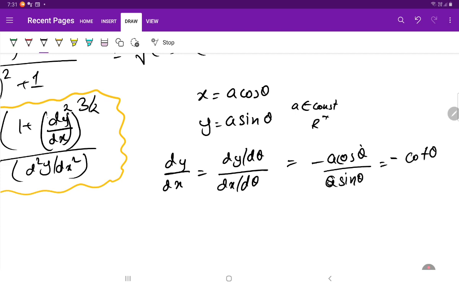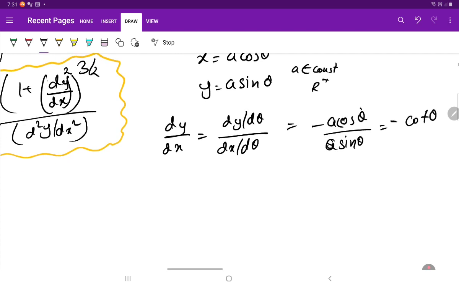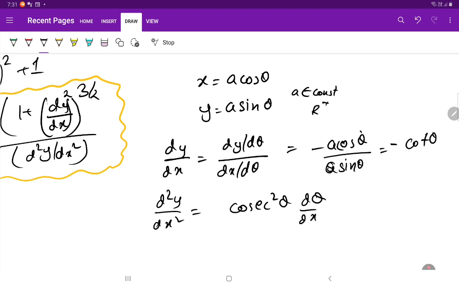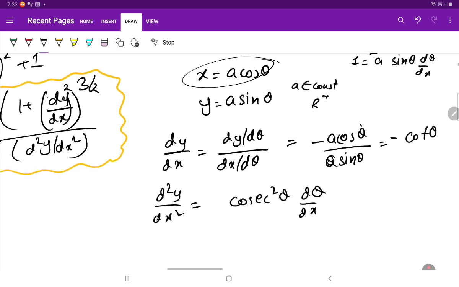Now, what will be d2y by dx2? d2y by dx2 will come out to be cosec square theta d theta by dx. To find d theta by dx, just differentiate this equation. You'll get 1 equals a minus sin theta d theta by dx, right? So I can say d theta by dx is minus 1 by a sin theta.